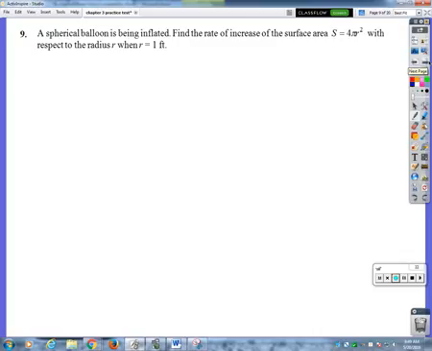Okay, number 9, a spherical balloon is being inflated. Find the rate of increase of the surface area, S equals 4 pi r squared, with respect to the radius when r equals 1. Okay, so what we're finding is S prime, right? But it's the rate of increase, so it's basically like ds dt.